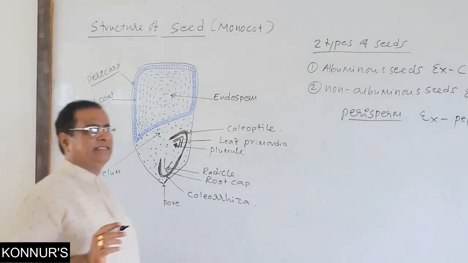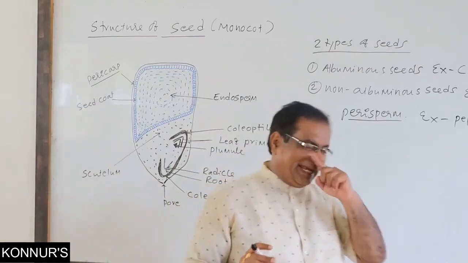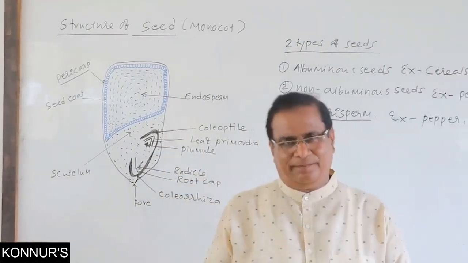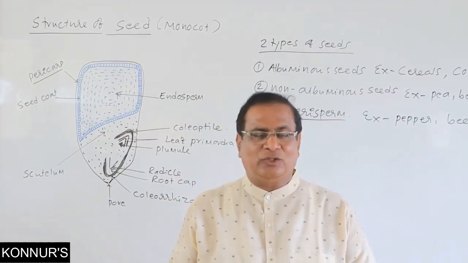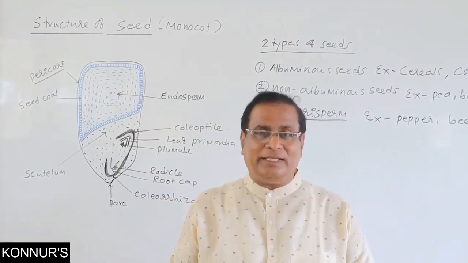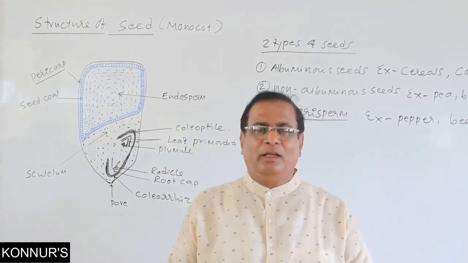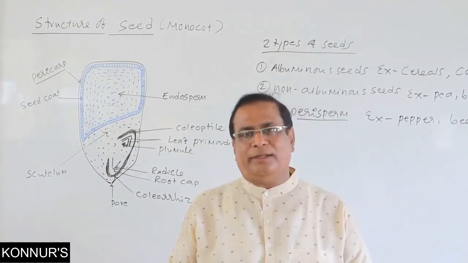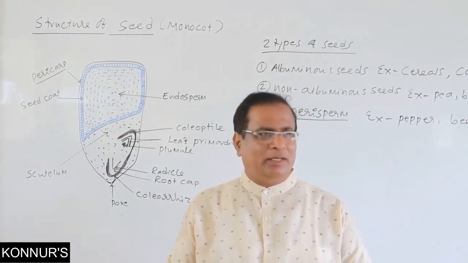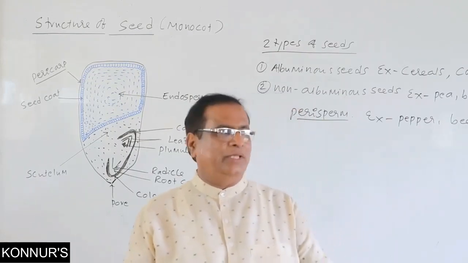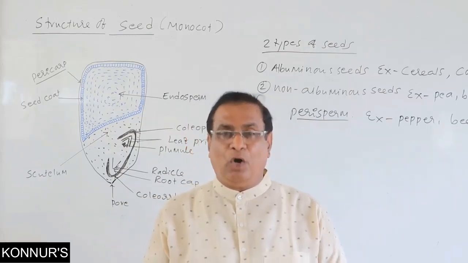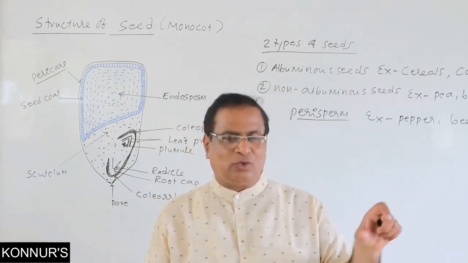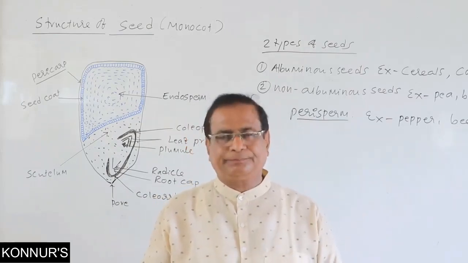And once the seeds are formed, they get dried. Even their metabolic activity is decreased. They lose the water. Remember, these dry seeds have 10 to 15% of moisture as far as the total weight is concerned.